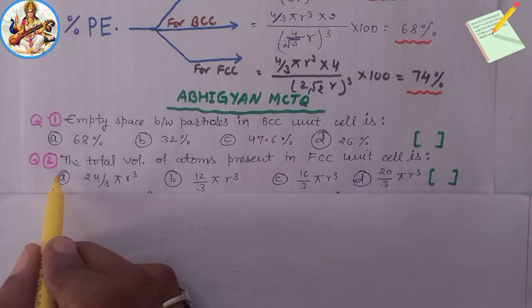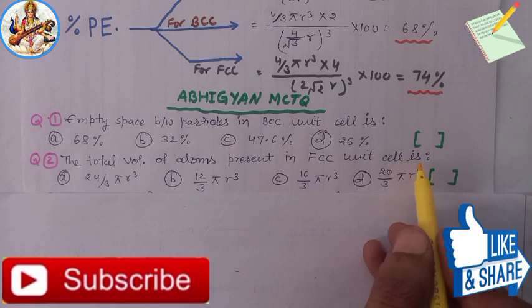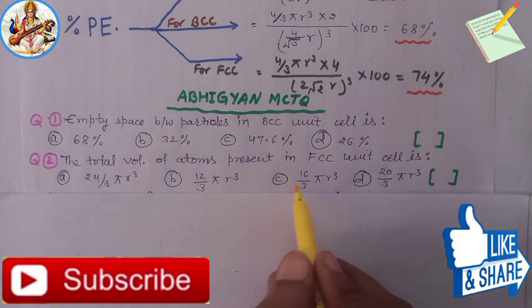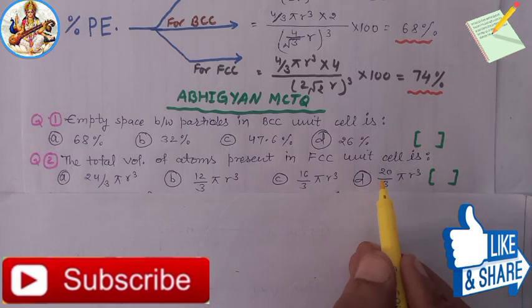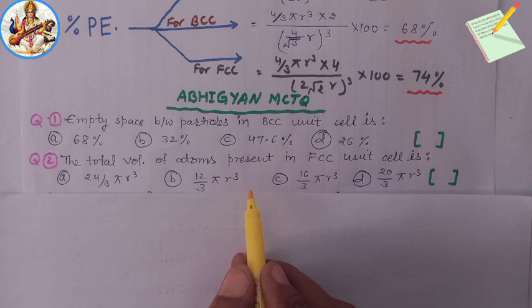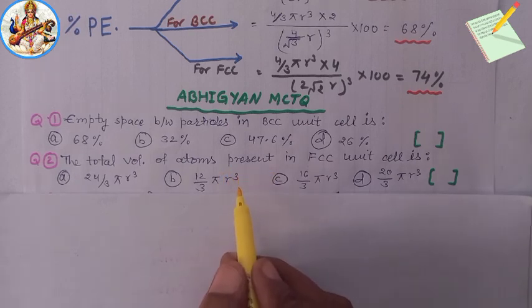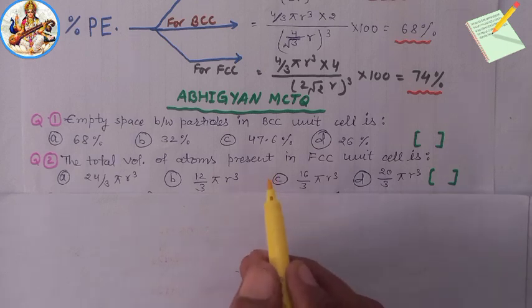Now next, second question. The total volume of atoms present in FCC unit cell is option A, B, C and D. In FCC unit cell, 4 particles are present per unit cell and volume of a sphere is 4 by 3 pi r cube.